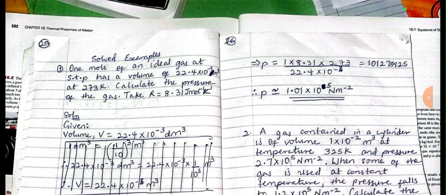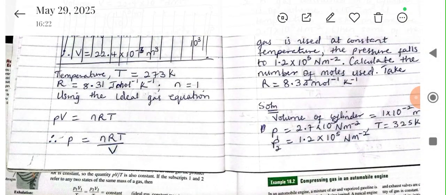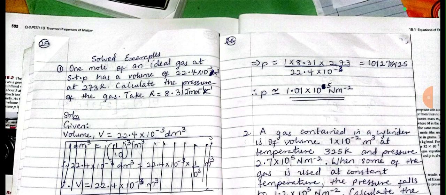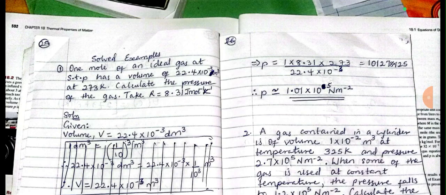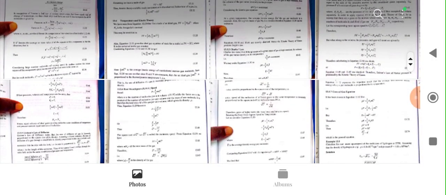Divided by the volume V, which is the volume given to you. When you do that, you get this value for your standard pressure. Alright, so that's just a simple example there.